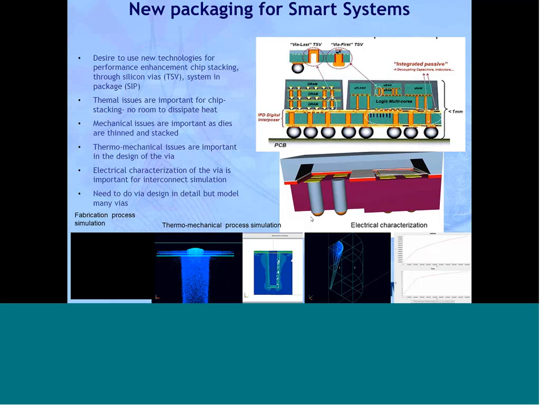We can also model the packages used to enclose the MEMS and look at how the packaging affects the MEMS. And as I mentioned before, very importantly, we can optimize system performance if we have good models, and we can also analyze statistically how fabrication process variations will affect our performance.